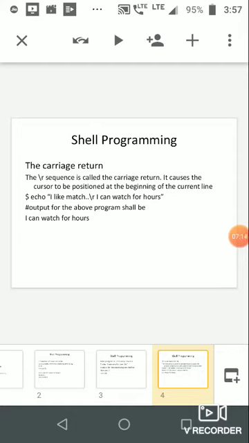That is the cause why this carriage return, actually here the output is like that.